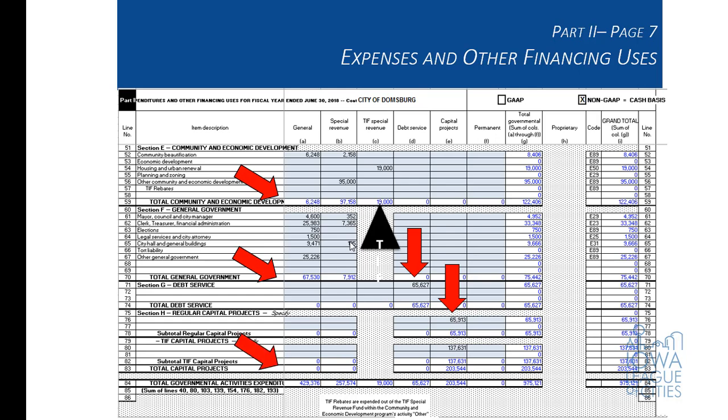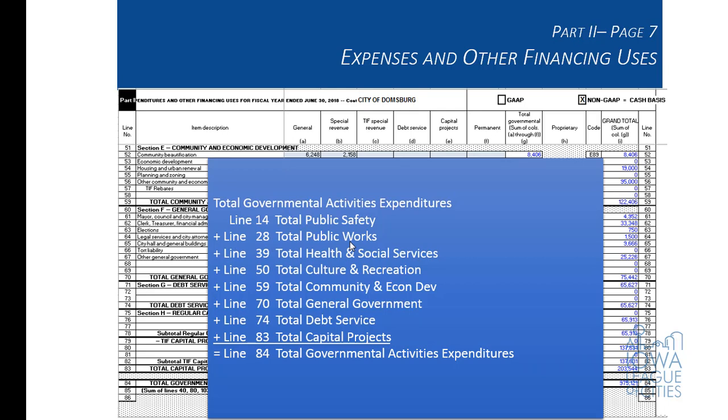So then, again, the total is on the bottom there, and it will flow forward. So we've got all the governmental activities taken care of already. If you have your chart of accounts broken out so that you can see a total, this is a good time to check that. Because if you missed a program or you missed an account, all these little checks help so you don't have a big headache at the end of the report.